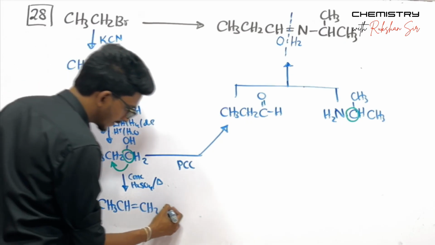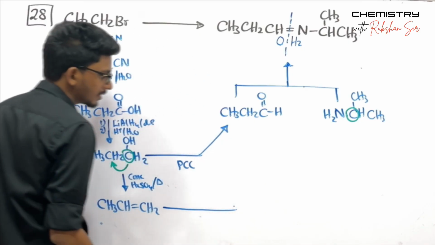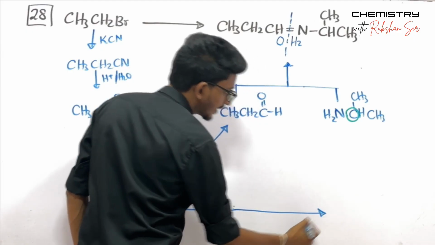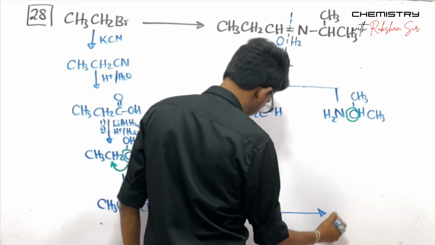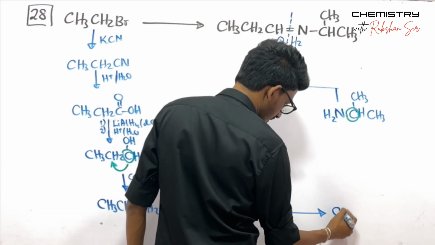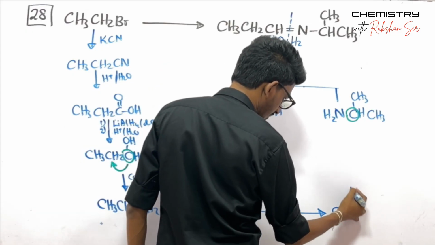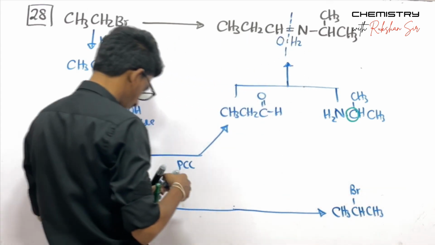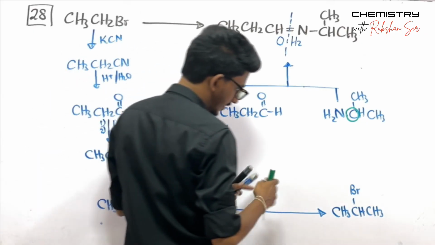Now that thing can be converted to an alkyl halide easily, right? CH3 with the functionality at the center carbon, the alkyl halide. Right? Now we are happy. Functionality at the center carbon.